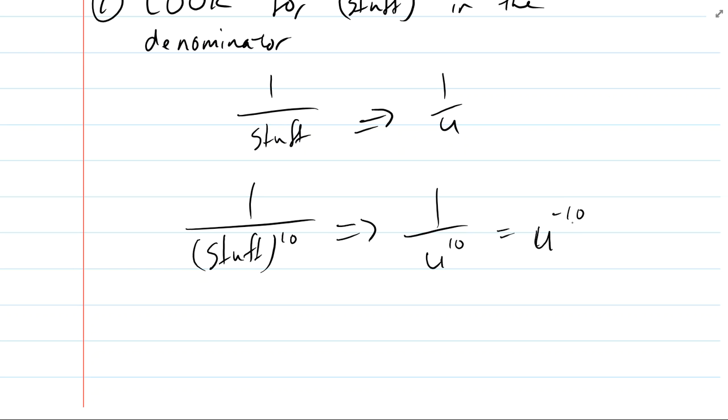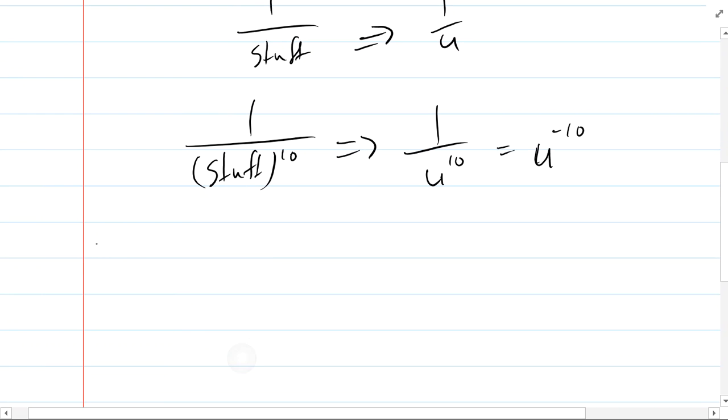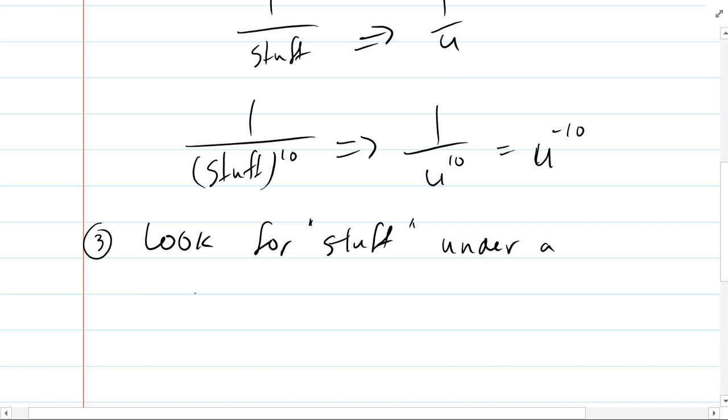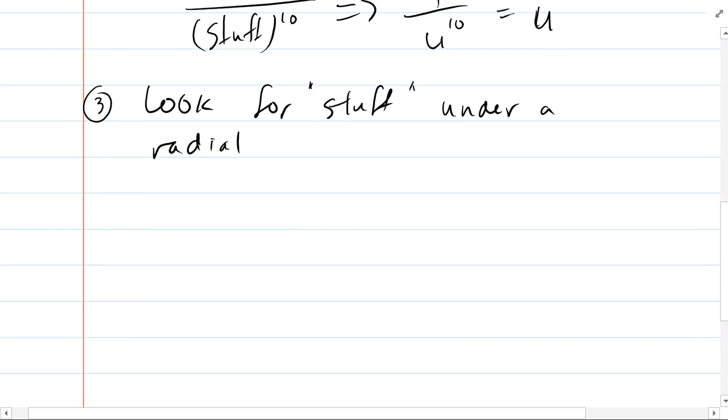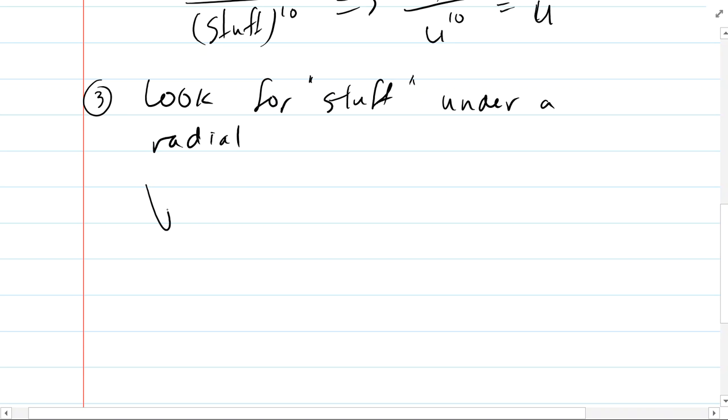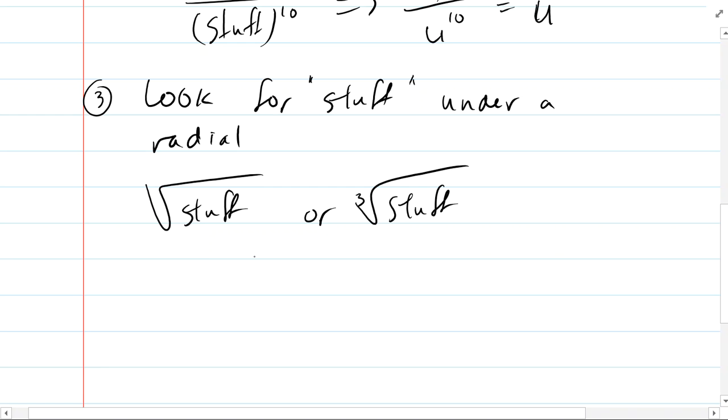Oh, well, guess what? There's another one. Look for stuff under a radical. Is that still just a power? But I make a big deal about it because it's harder. It's a fractional power, and it's easy to spot. If I have square root of stuff, or I have cube root of stuff, is this u to the 1/2 power or u to the 1/3 power?